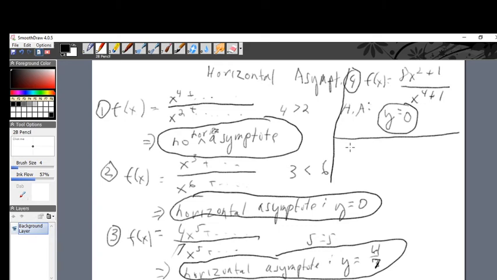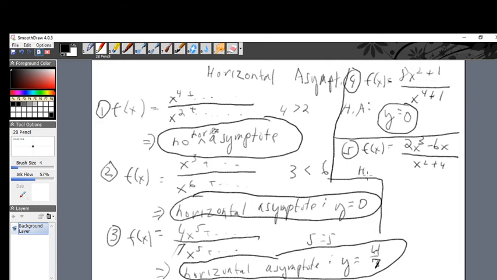Problem number 5. f of x is equal to 2x cubed, I'm sorry, 2x cubed minus 6x over x squared plus 4. Okay, what's the question?